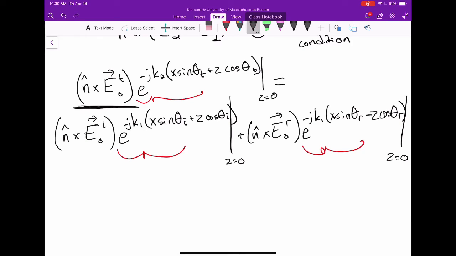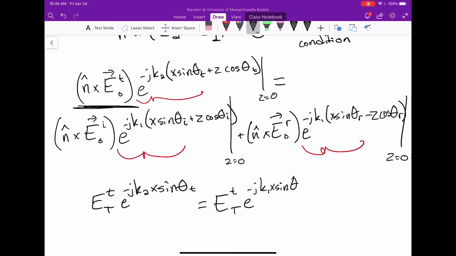So if I write that out in a simplified form, I'm just going to say that the tangential component, which I'm going to write as a big T, little t, times e to the minus j k2 x sine theta t is equal to the tangential component of the incident field, e to the minus j k1 x sine theta i, plus the tangential component of the reflected field, e to the minus j k1 x sine theta r.